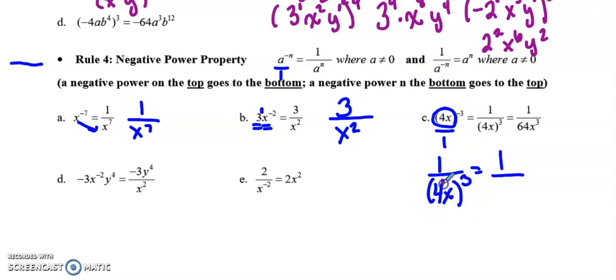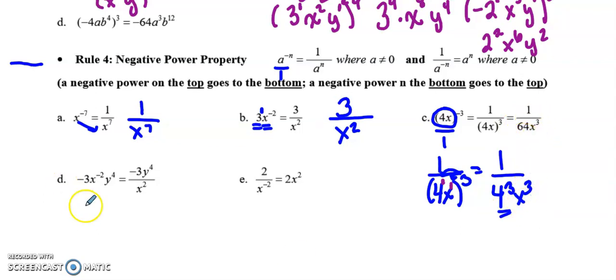This has an exponent of 1, this has an exponent of 1. So I need to distribute this 3 to each of the exponents on my bases. So this becomes 4 to the third, x to the third, and then 4 to the third is 64, x to the third.